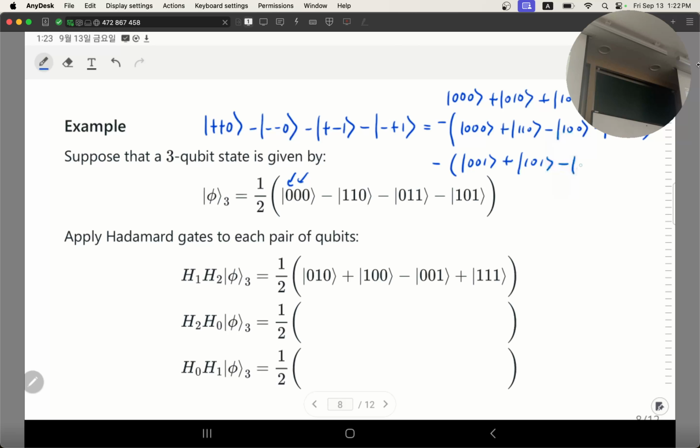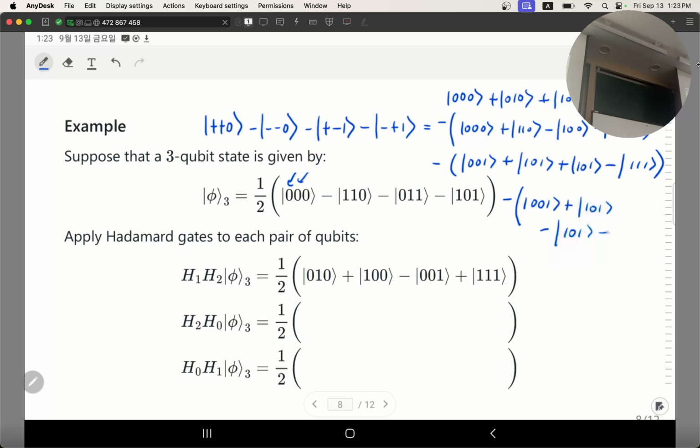Now take the 1, 0, 1 minus 1, 1, 1, right? And then let's take minus plus. Minus plus gives you 0, 0, 1, 1, 0, 1, minus 1, 0, 1.